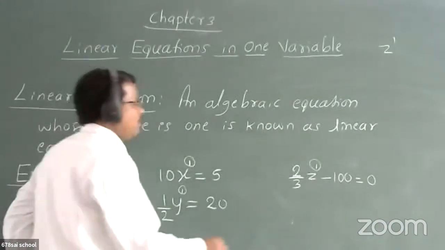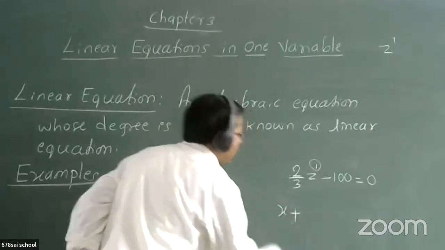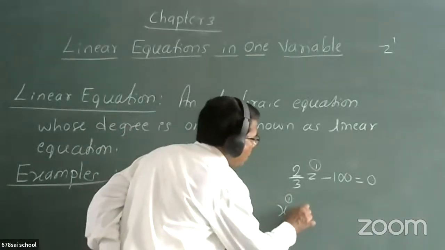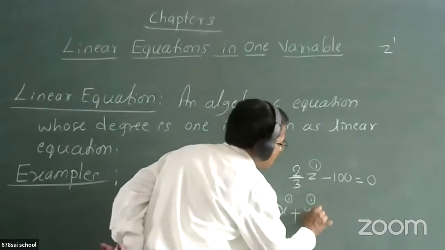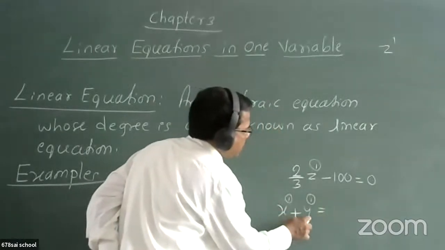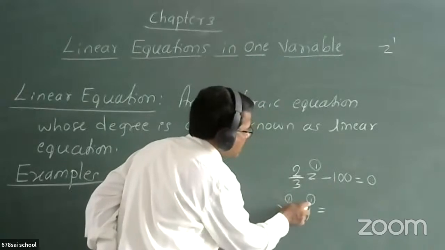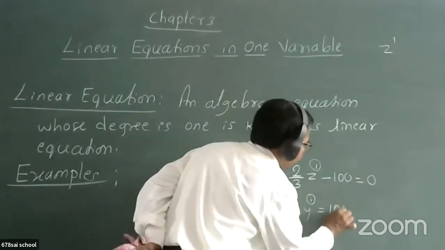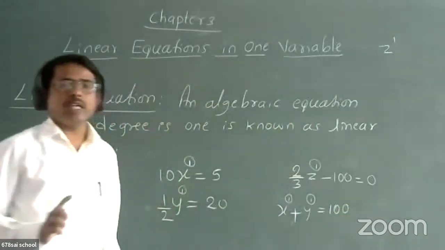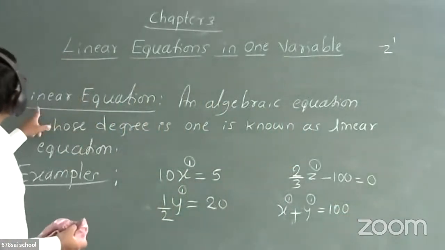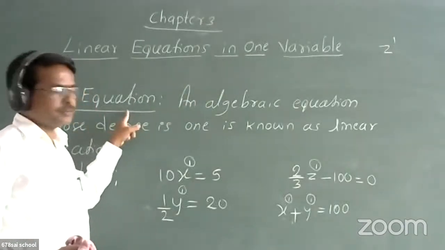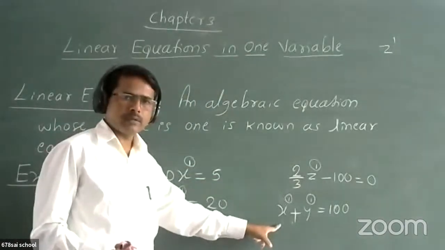Even we can write x raised to 1 plus y raised to 1 equal to 100. For your understanding, I have circled this. This is also a linear equation. Here I have not said linear equation in one variable, I have said linear equation.